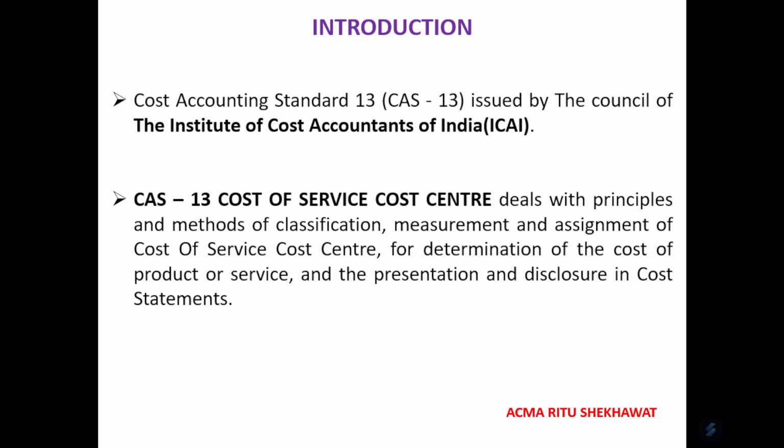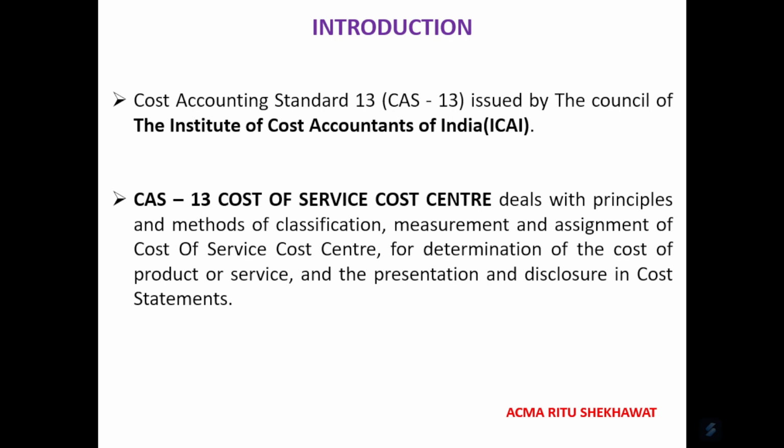So moving on, a cost center or service cost center is a department, and departments are always divided into two: first, the production department, and second, the service department. The production department, as the word defines, is directly involved in the production of goods, and the service department always gives support to the production department, that is, auxiliary services.